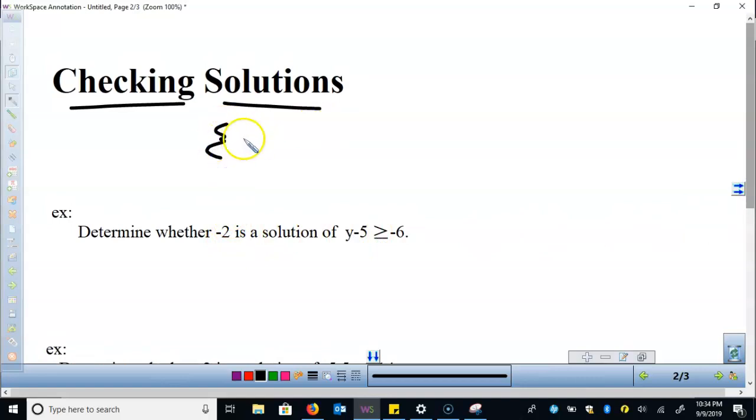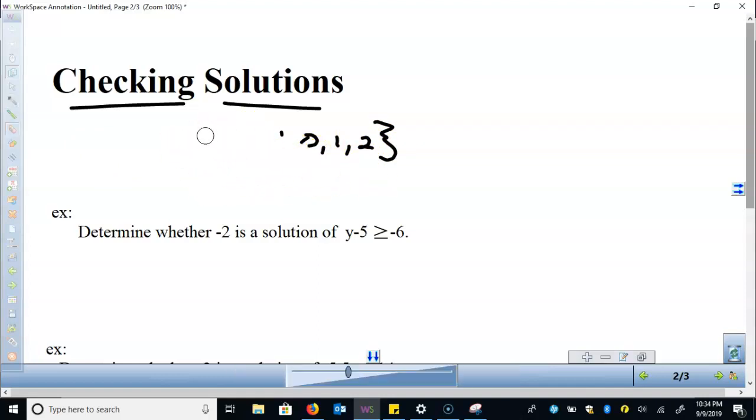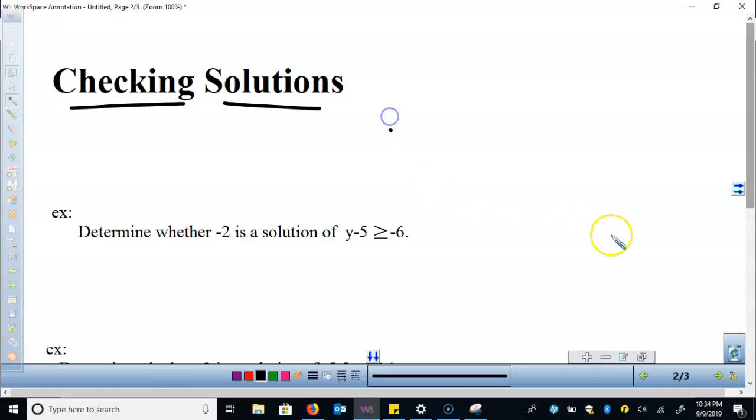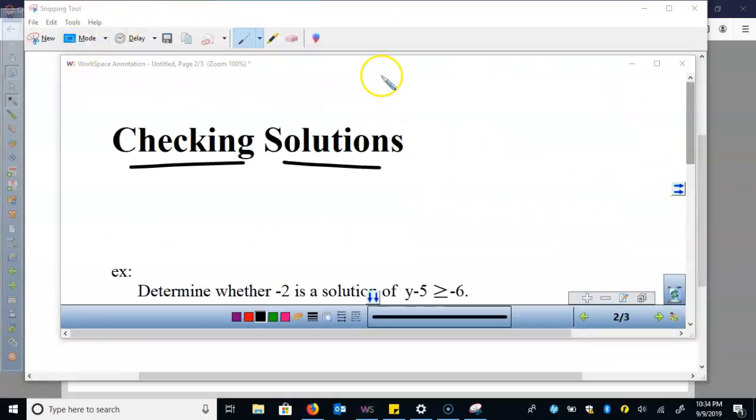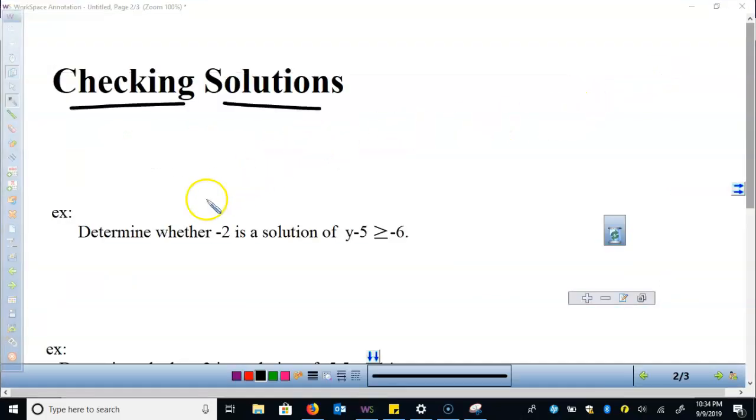So if I say a solution set of something is this, that means 2 and any integer less than 2 satisfies whatever I'm talking about.